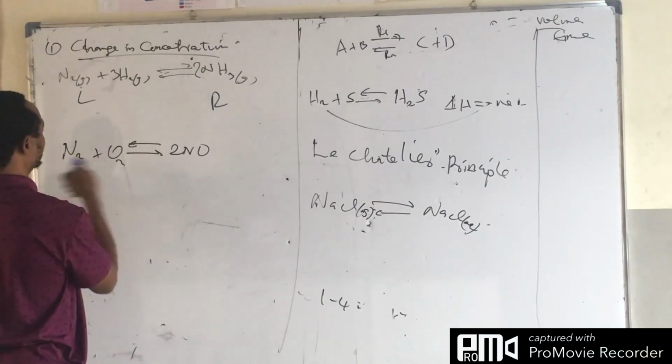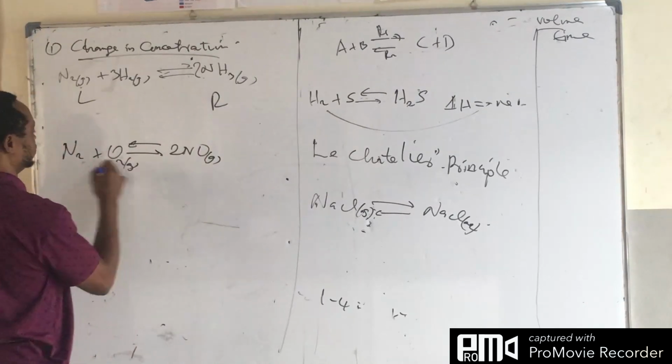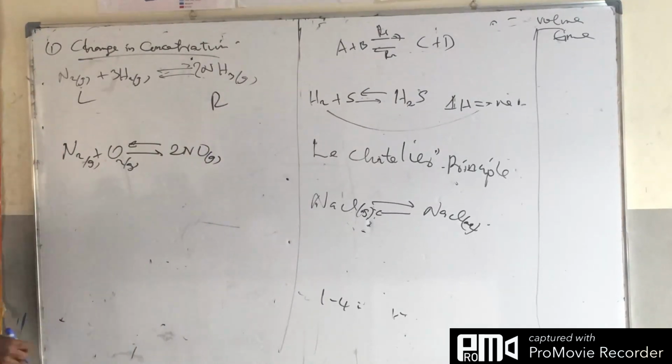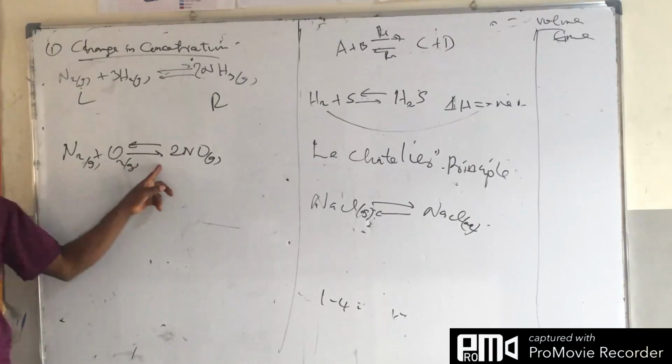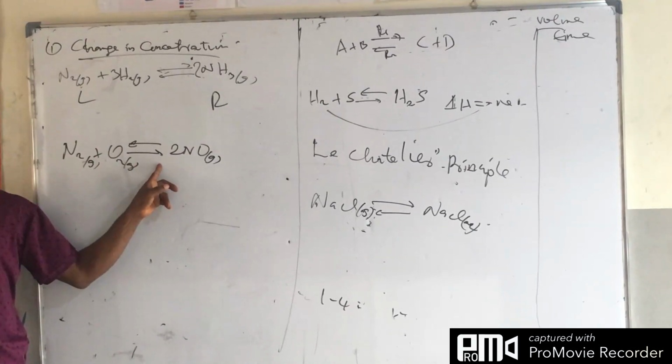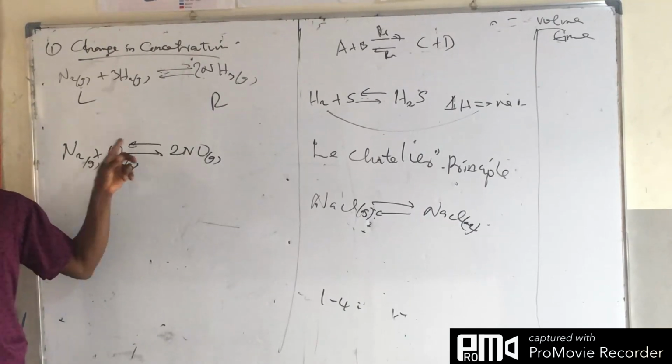Tell me the effect of increased pressure on this reaction. Look at this very, very well. What is the effect of pressure on this system? You see what I was telling you? Pressure has no effect here. Why? Because they have the same number of moles.